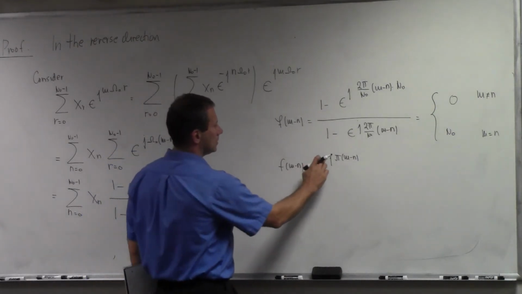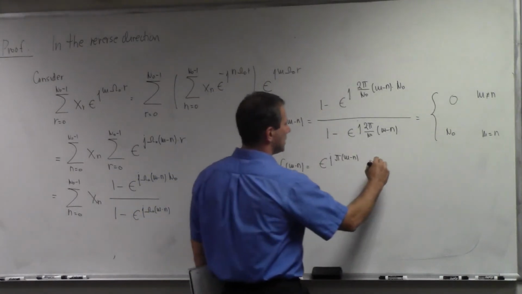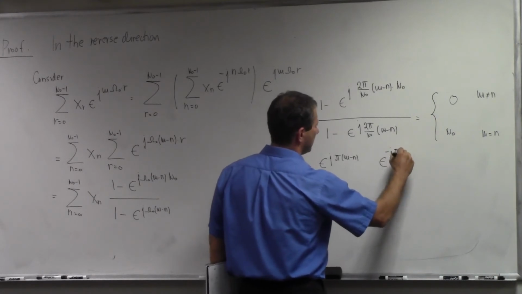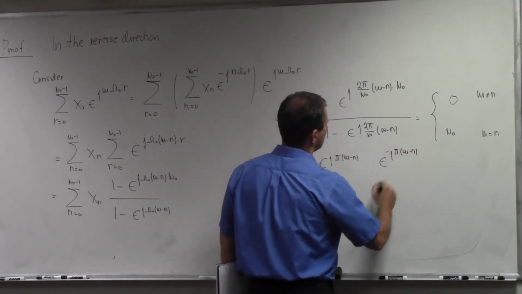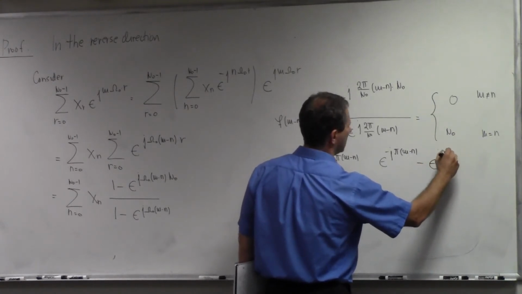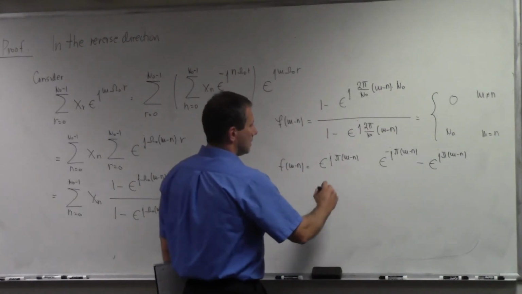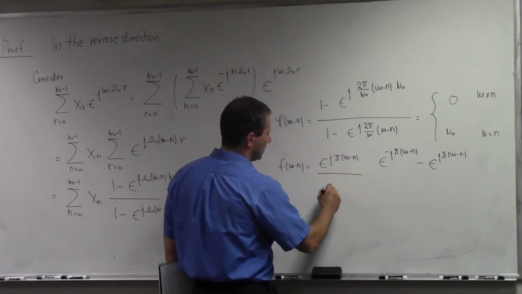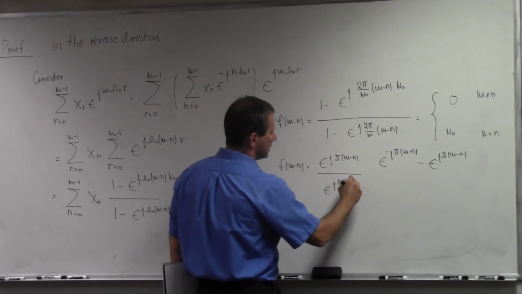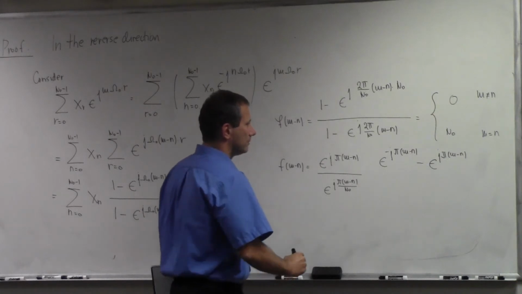Or, let me just have it this way. So then it becomes e to the j minus j pi m minus n minus e to the j pi m minus n. And then downstairs, I'm going to pull e to the j pi m minus n over n0 as a common factor.